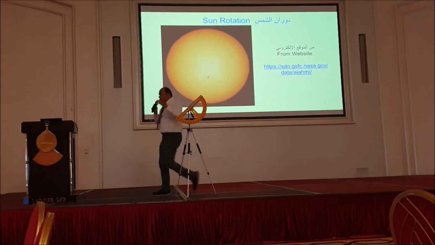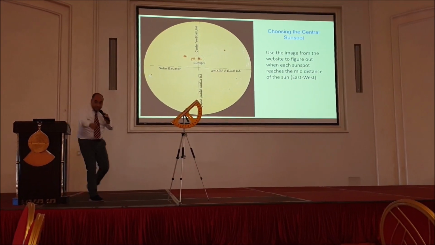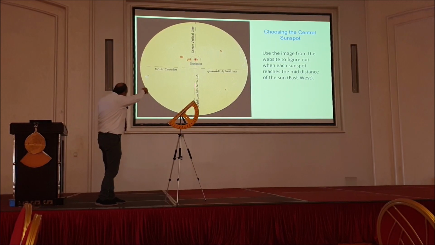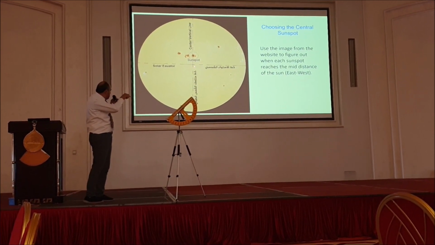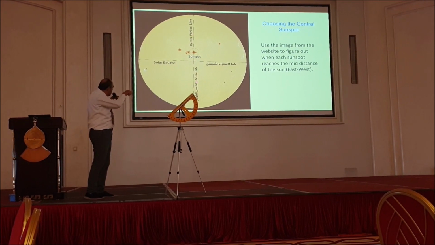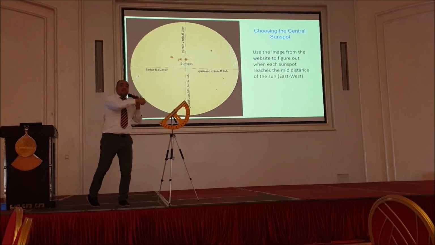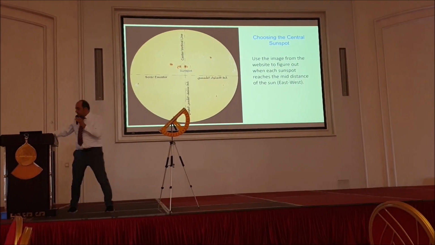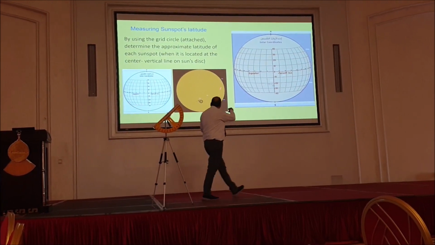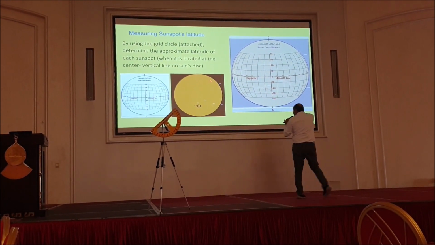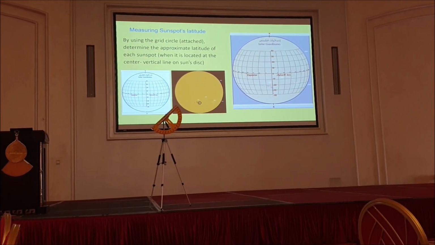You have to do this for two sunspots. When this sunspot reaches the center line of the sun, somewhere on this line, you measure the latitude of this sunspot. How to measure this latitude? Use this diagram. Apply it above the solar image from the website.